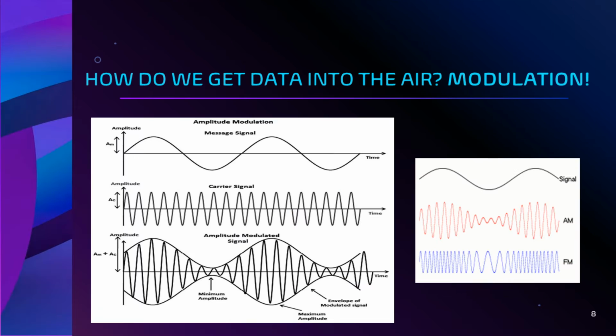Moving forward. So how do we get this data into the air? Through modulation. We have a picture here showing 3 different waves. The first wave is our message signal. Now this message signal is an analog, not digital, but you just look at the peaks here. So this peak is going to be a 1 in binary. This valley is going to be a 0.